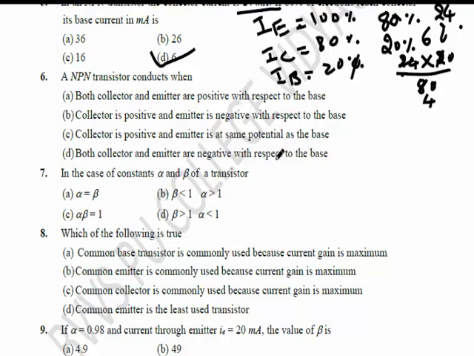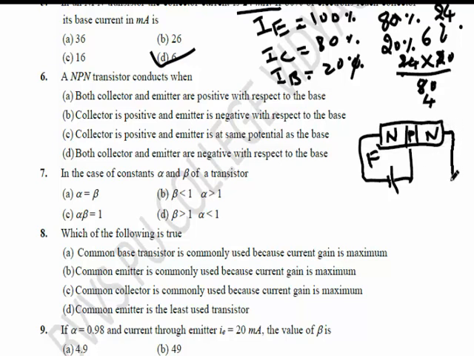Now I will draw the diagram of an NPN transistor. N, the middle is P, and N. This junction should be forward biased. Forward bias means negative is connected to negative.